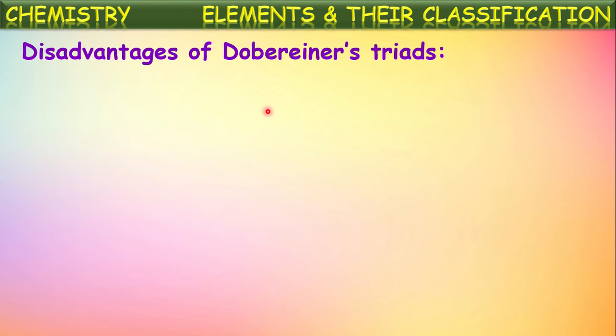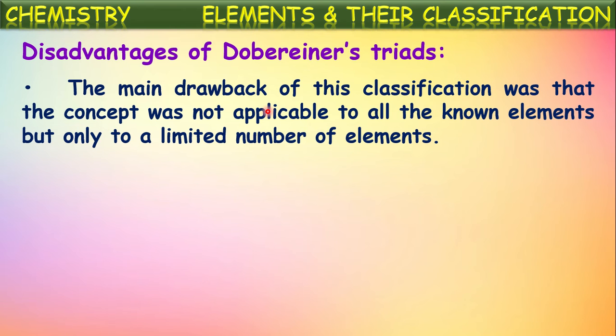Even though it is classified, there are certain disadvantages or drawbacks in this classification. Let us see what those disadvantages are in Dobereiner's triad. The main drawback of this classification was that the concept was not applicable to all the known elements at the time, but only to a limited number of elements.